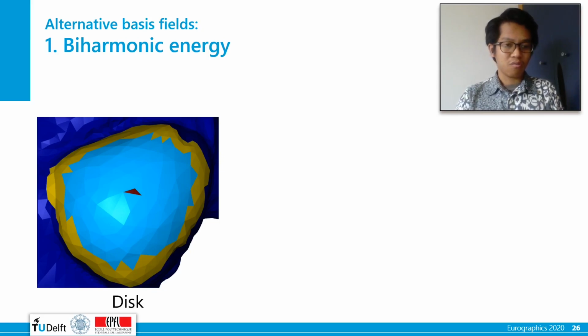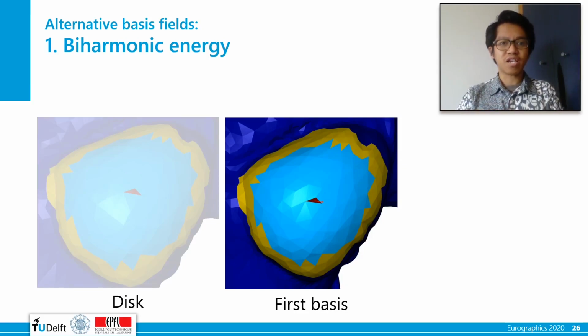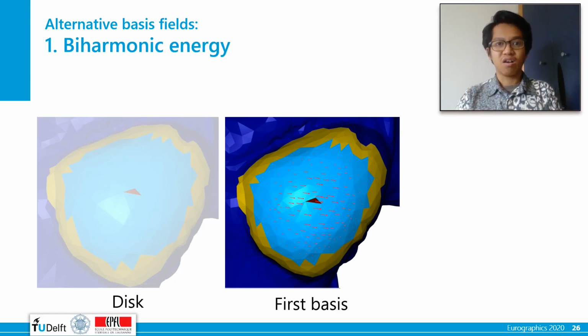What we mean by that is, we specify boundary conditions on the regions, shown as the yellow area here, and we add a hard constraint of a vector with a magnitude of 1 at the center of the disk, which is displayed by the red arrow in this image. The minimizer of the biharmonic energy that satisfies both constraints is used as the basis field.